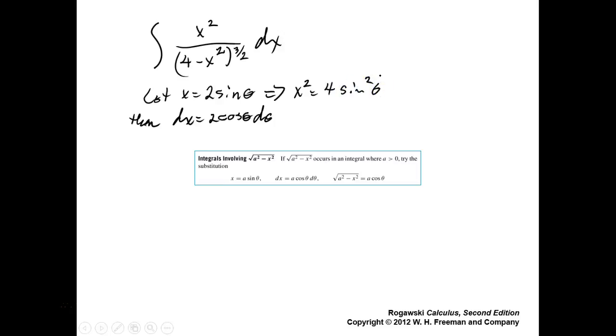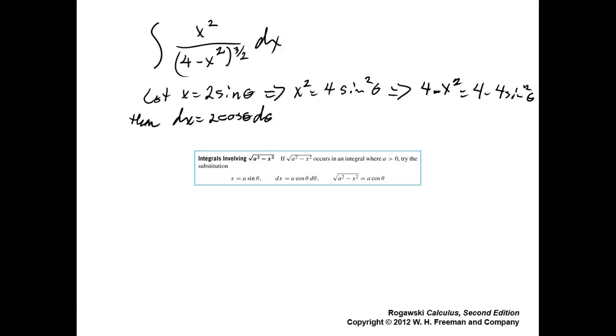Okay, good. So we're going to use that. We also need to know what 4 minus x squared is. And what would that be? It's 4 minus 4 sine squared theta.